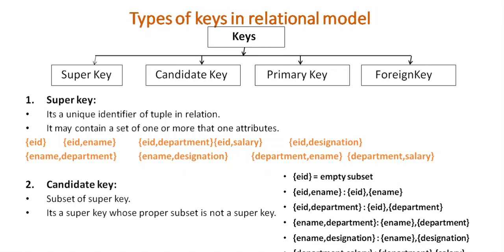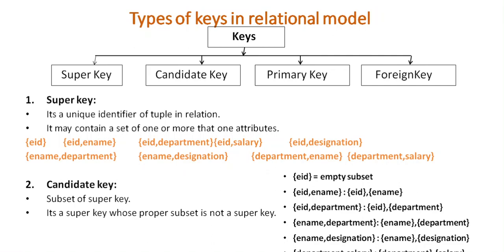Again, we have another example, employee ID and department. If we take the subsets of this entire set, we get two subsets, employee ID and department. Here, department is not a super key.